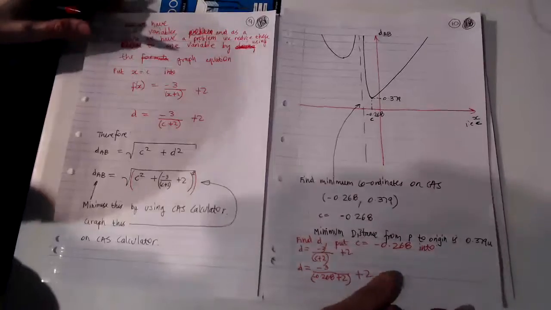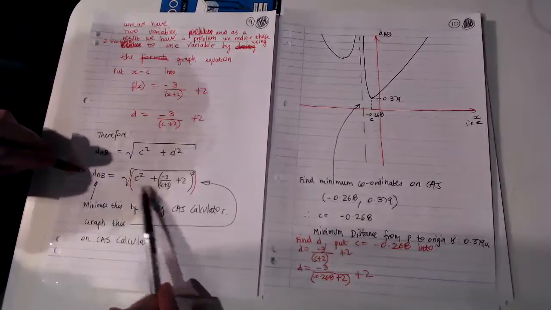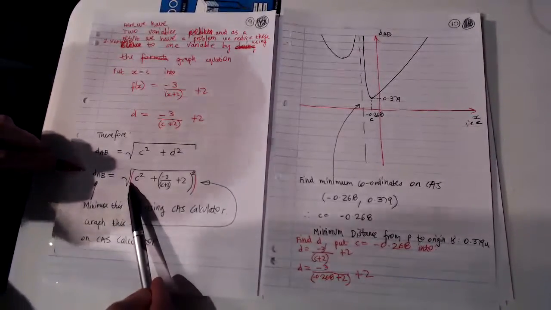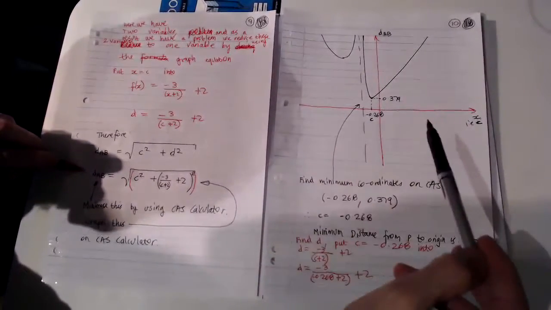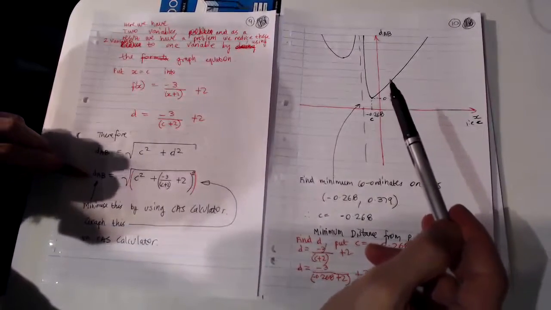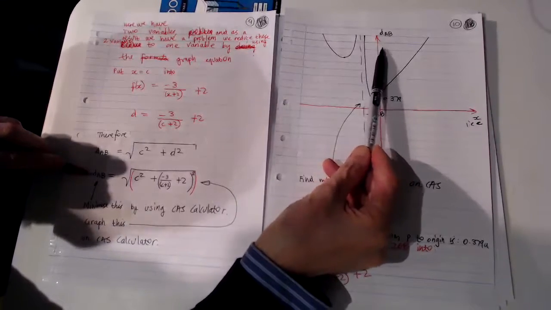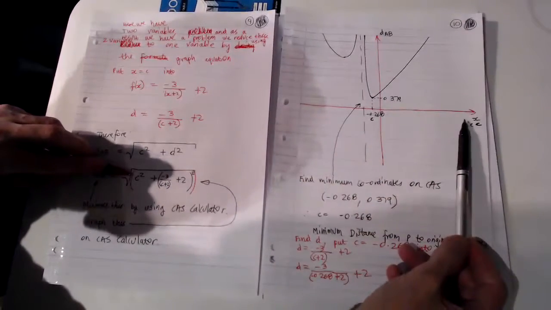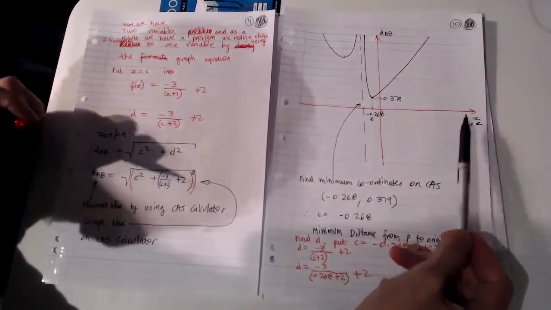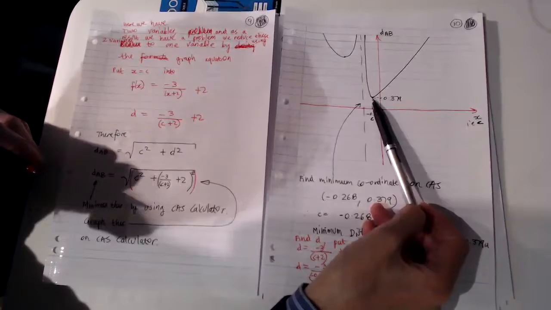Now, when you graph the distance formula AB on the CAS calculator, you're going to get a graph like this. Remember, we are graphing the distance from A to B, or as they say in the question, distance from P to the origin, against C. The minimum distance between A and B will occur at that point there.